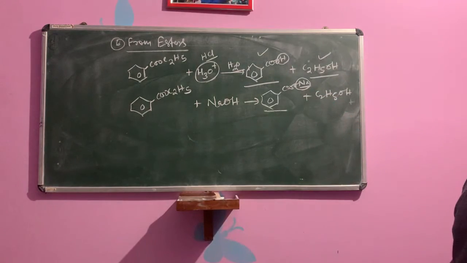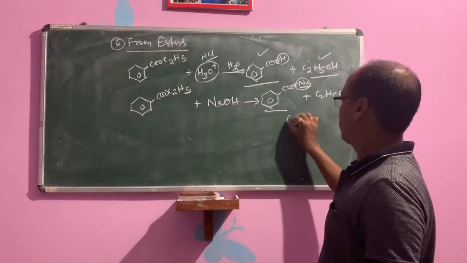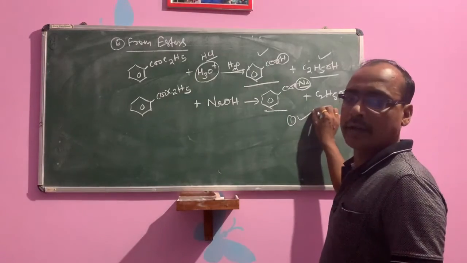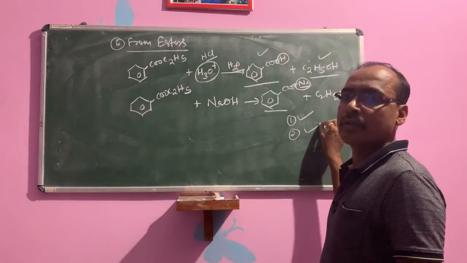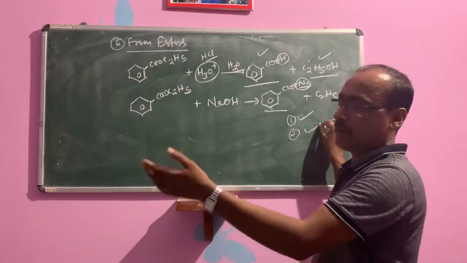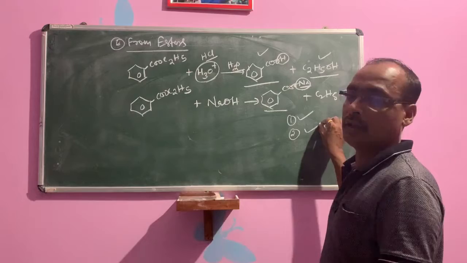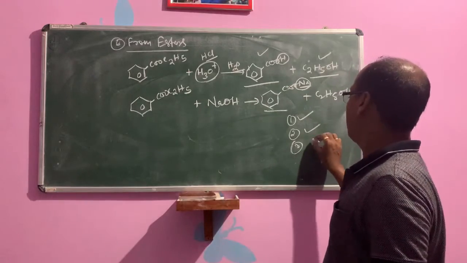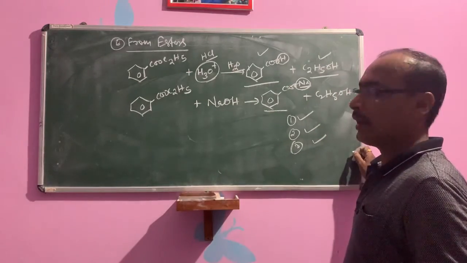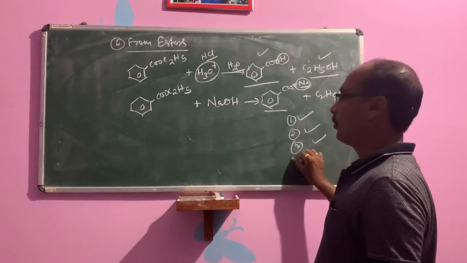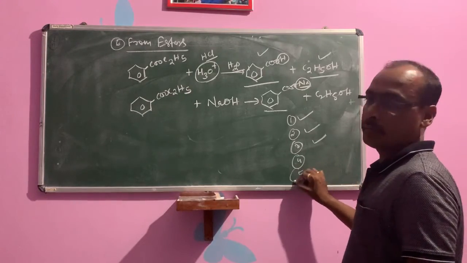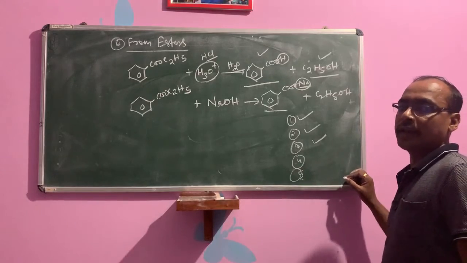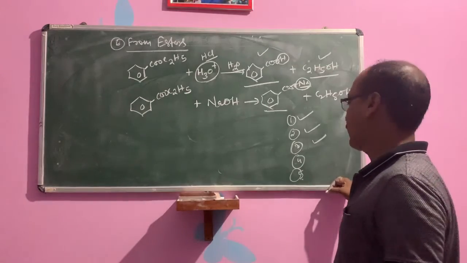The first preparation is from alcohol and aldehyde. Second, preparation from hydrocarbon, it may be alkyl benzene or side chain alkyl of benzene, or from alkene. Third, from nitrile and amide, acid amide. Fourth is from Grignard reagent. Fifth is from acyl halide and anhydride.